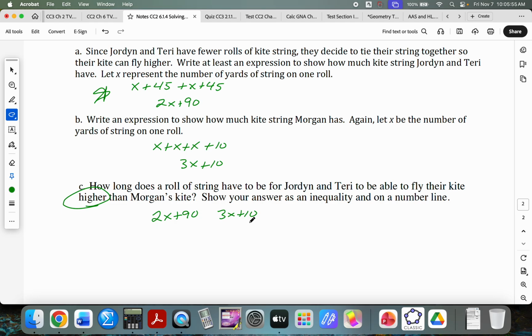What inequality could we put between these two? Someone said it, I think. Greater than. If they want to fly their kite higher, they need more string, right? I'm getting nervous when I get nobody volunteering. It makes me very nervous.